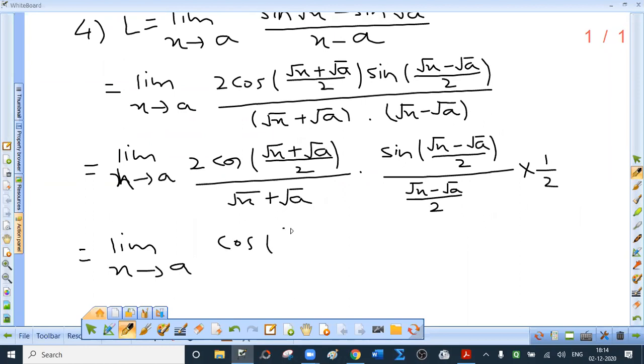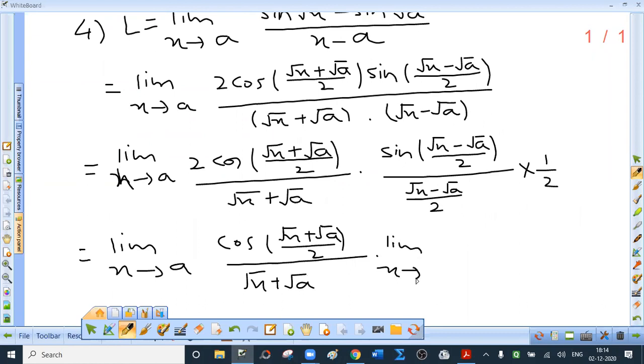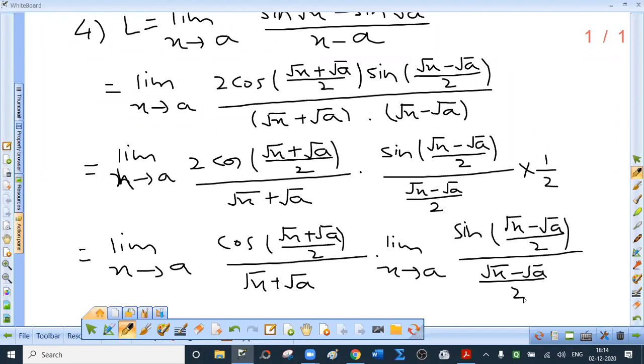So cos of (root x plus root a) upon 2, upon root x plus root a, as it is, into limit x tends to a, sine of (root x minus root a) upon 2, upon (root x minus root a) upon 2. I hope you understood this.